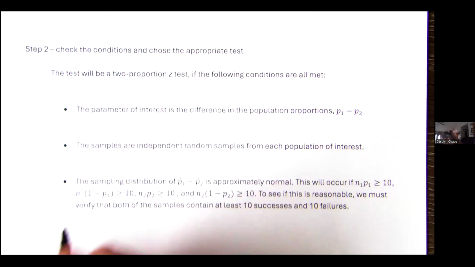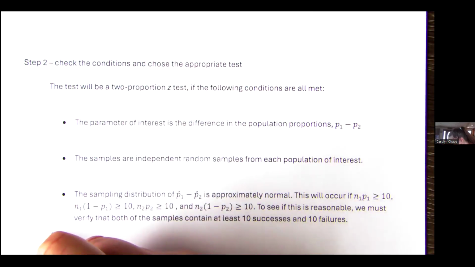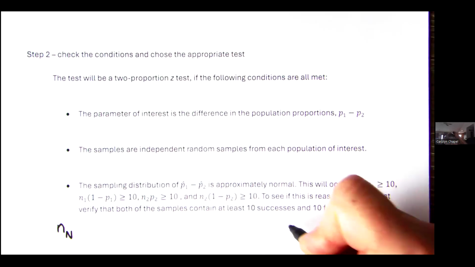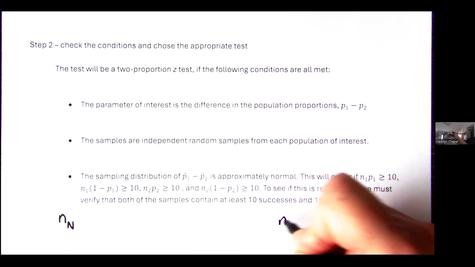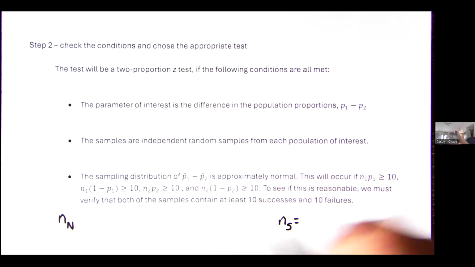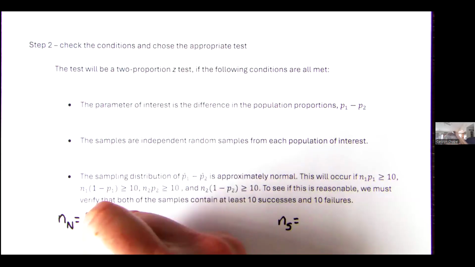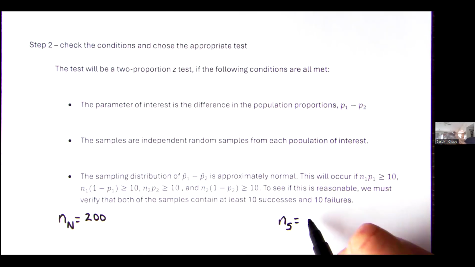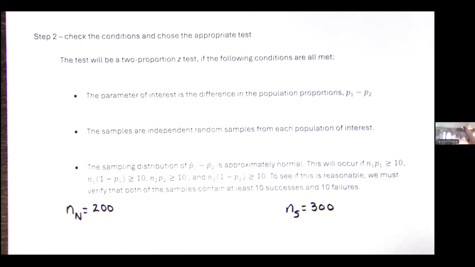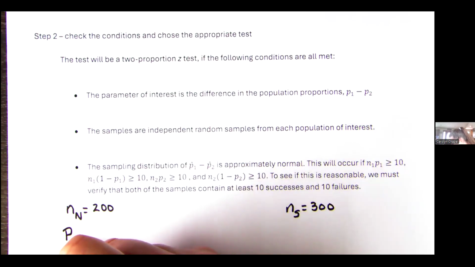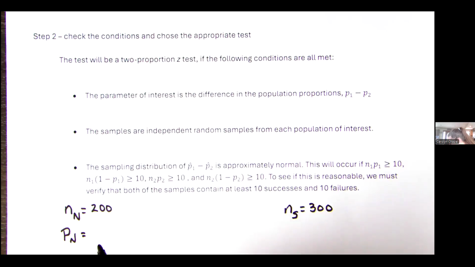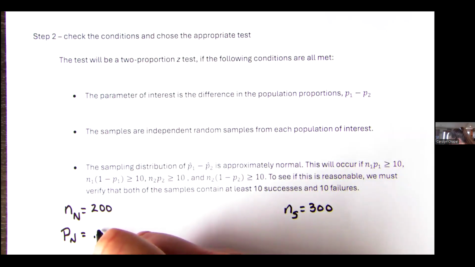So just kind of writing all my pieces. I'm going to put capital N, and I'm also going to do Southwest on this side, so NS. So my Northwest had a sample of 200. And my Southwest had a sample of 300. In my Northwest, that proportion was 39%, so 0.39.